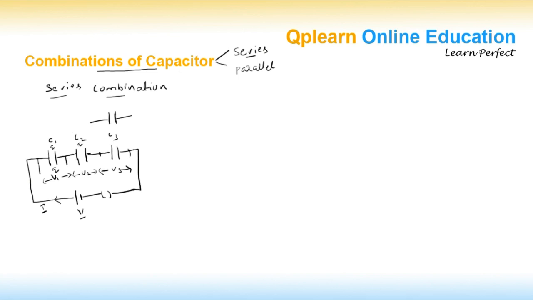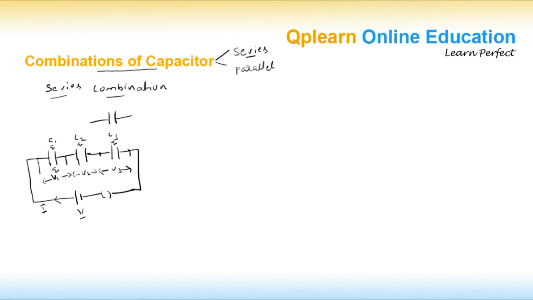So Q is the same in all the capacitors. Clear? The one thing we learned: when capacitors are connected in series, the charge will be the same in each capacitor, but the voltage across each capacitor is different.